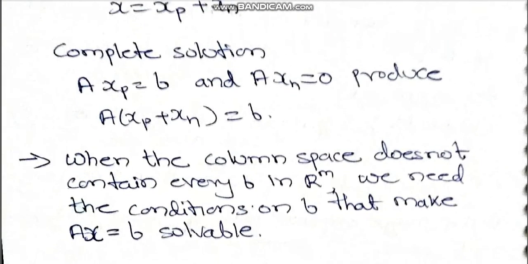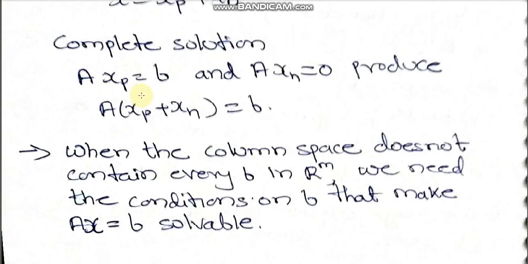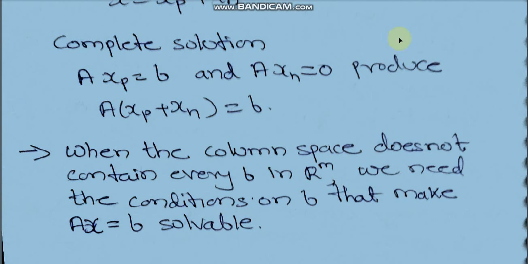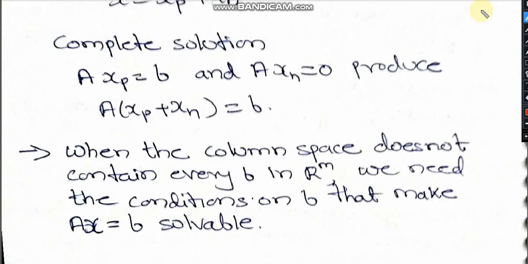So that we call the complete solution. So Axp equals b. This is a particular solution. This is a null solution, and both together we write as A(xp plus xn) equals b, and this we call the complete solution.